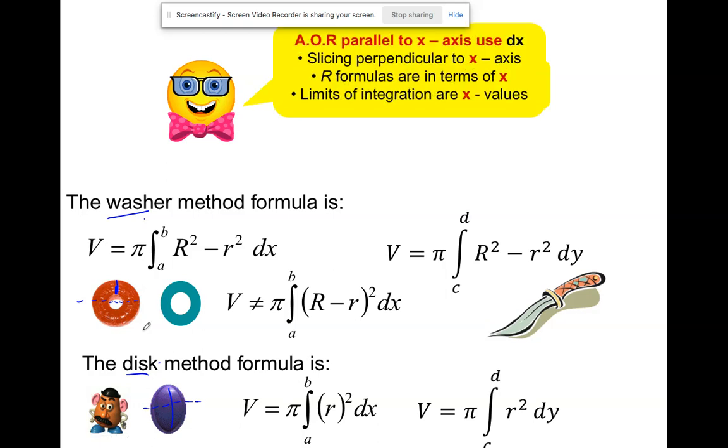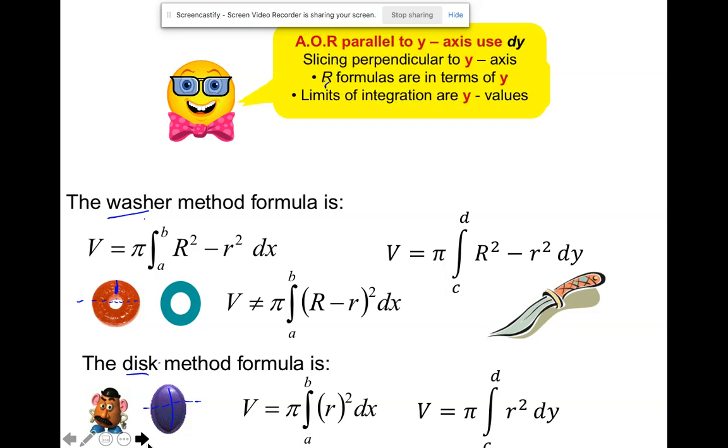If your axis of rotation is parallel to the x-axis or is the x-axis, then your radii formulas, both capital R and little r, are in terms of x. Your limits of integration are x values. If your axis of rotation is parallel to the y-axis or is the y-axis, I'll do a little bit better job of drawing.